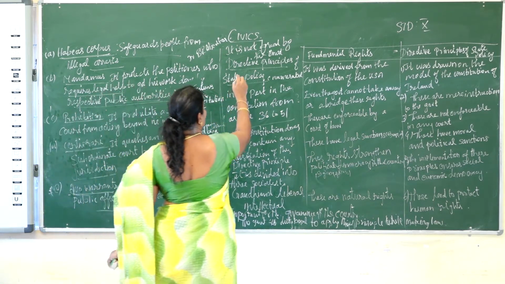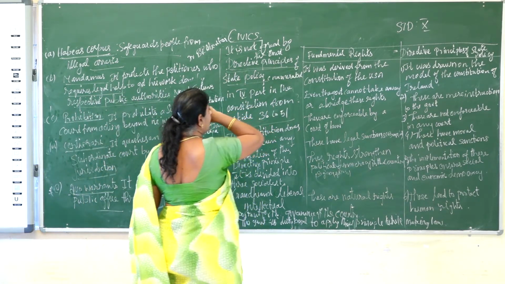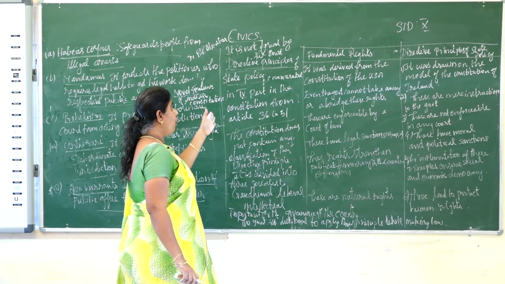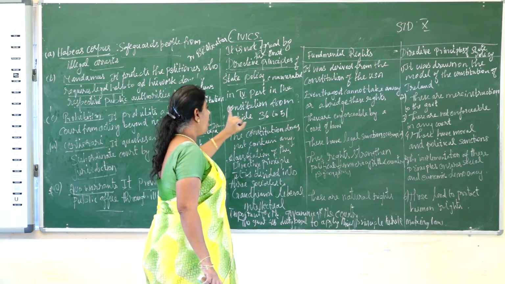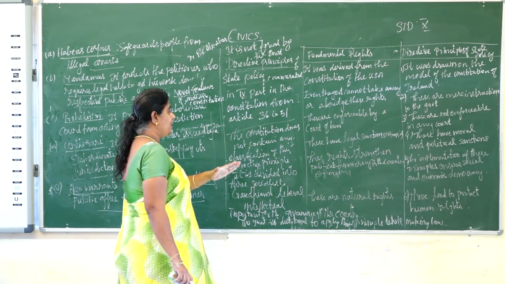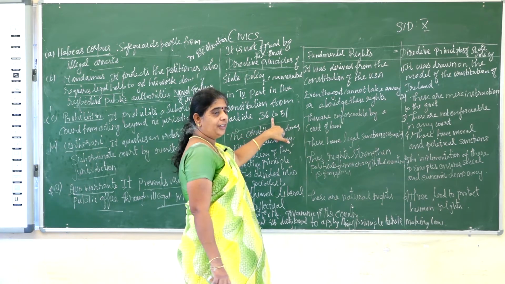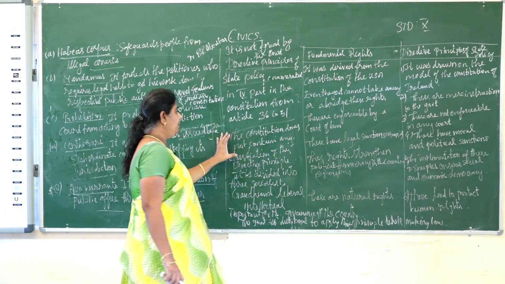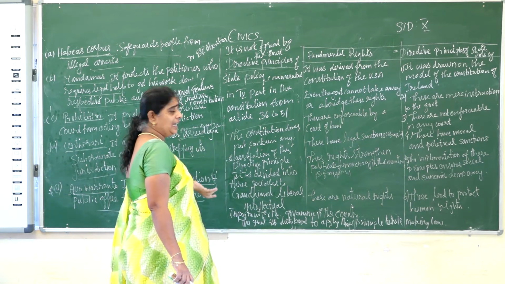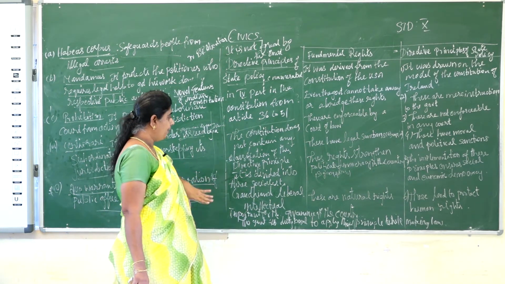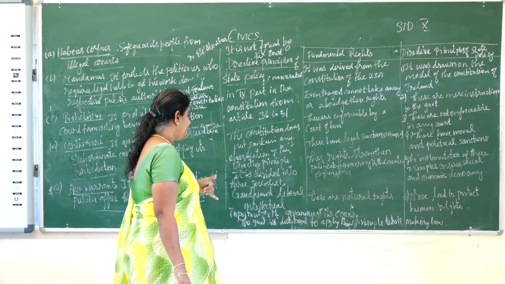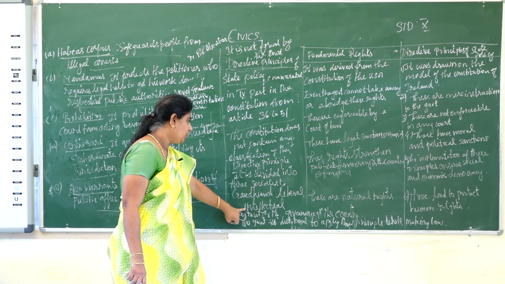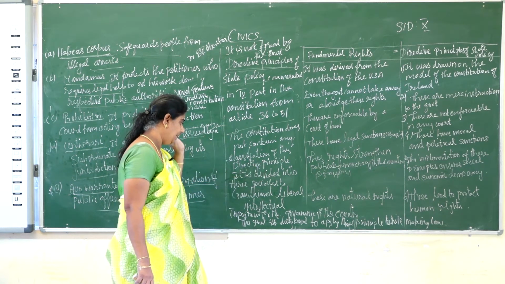Once again, I will tell you about the directive principles of state policy, children. This is enumerated in Part 4 of the Constitution, from Article 36 to 51. It does not contain any particular classification, but according to its direction and content, it is divided into 3: liberal, intellectual, Gandhian, socialist.